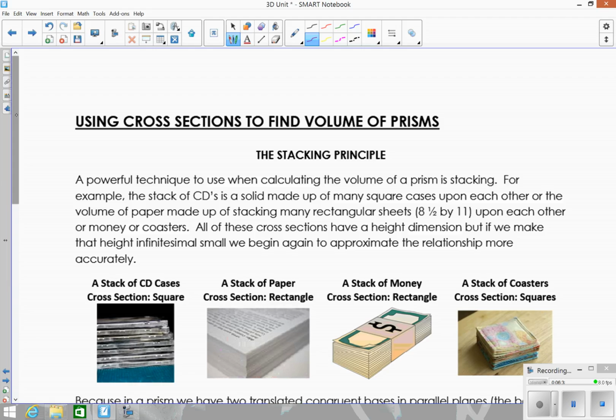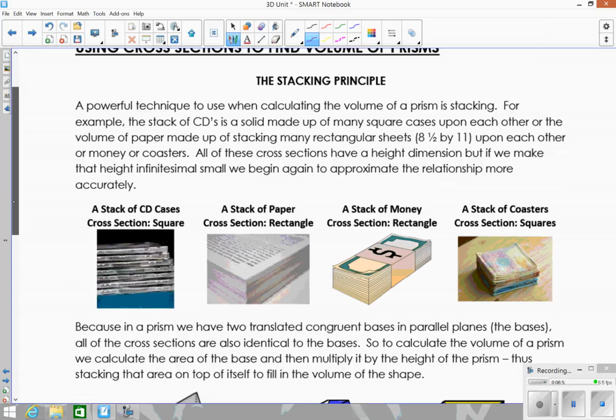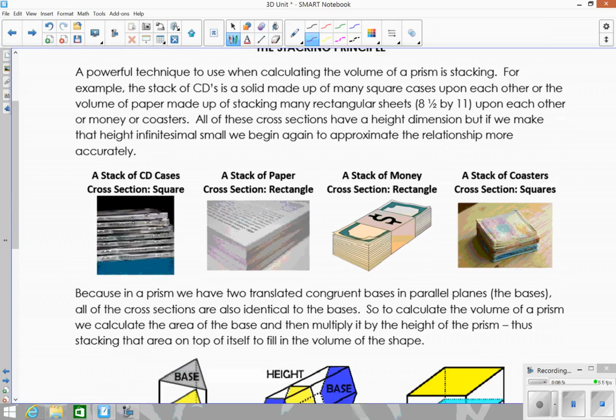Again, this here is kind of just a repeat of what was on the previous page, just with more examples. When we talk about using cross sections, we kind of talked about it on the previous page. When we're finding cross sections to find volume, you're basically thinking: find the area of each cross section, and then add each area up.